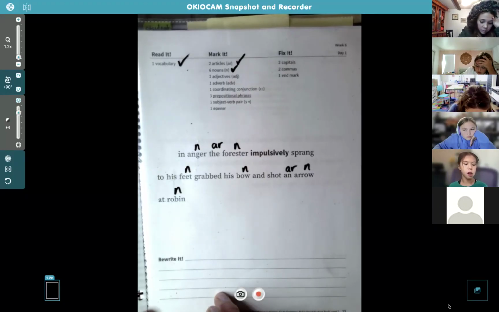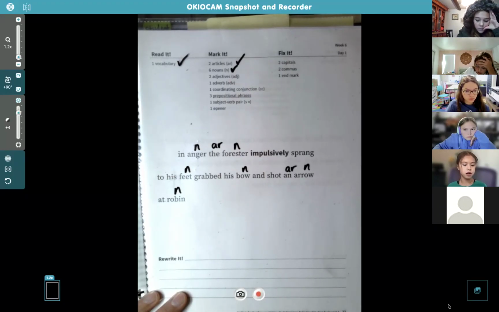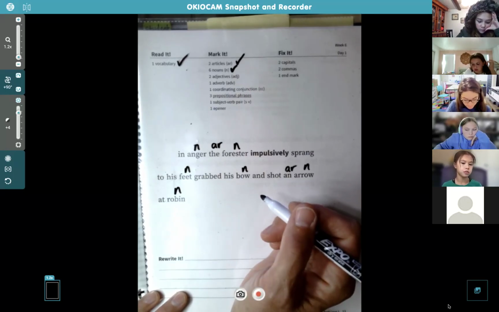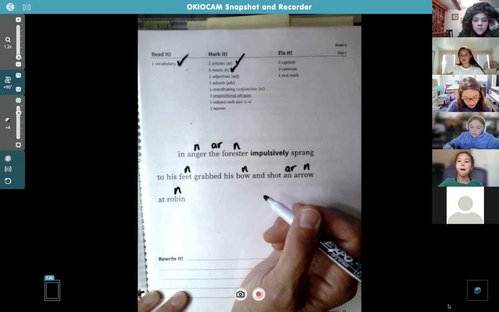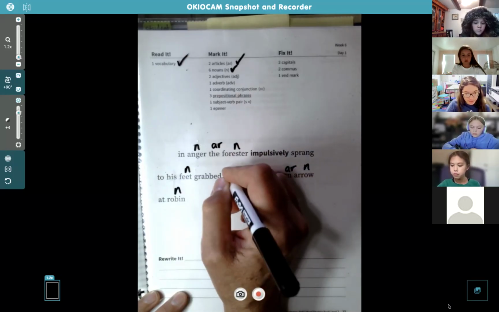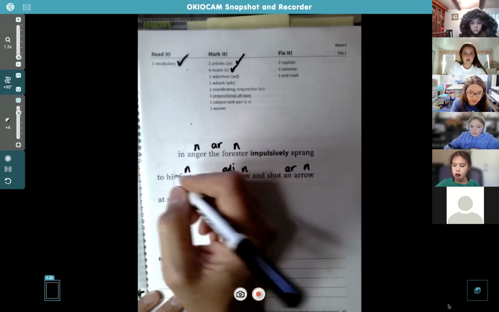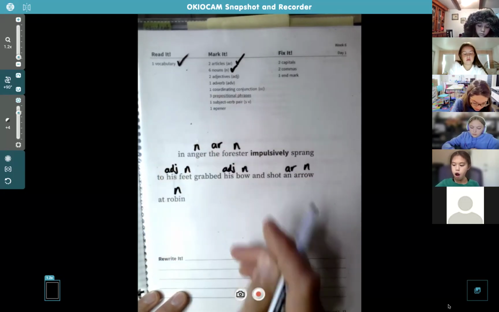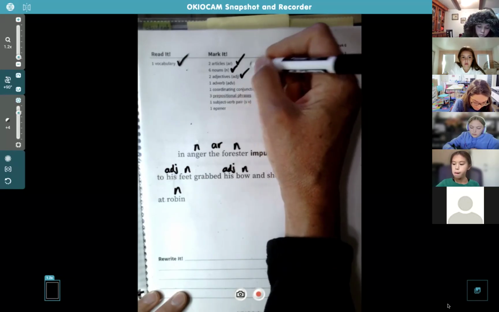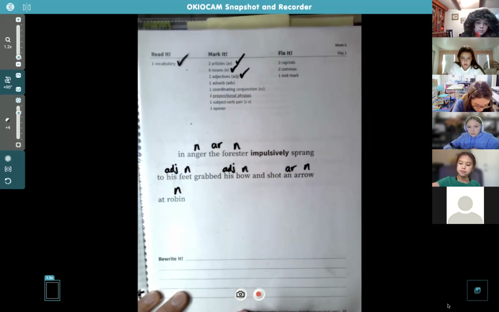And then Emma, what about the adjectives, words that describe the nouns? His bow, yes, very good. His bow, his feet. There you go. His, even though it's a pronoun, it's going to function as an adjective here. There's one adverb, Dakota. Where's the adverb?